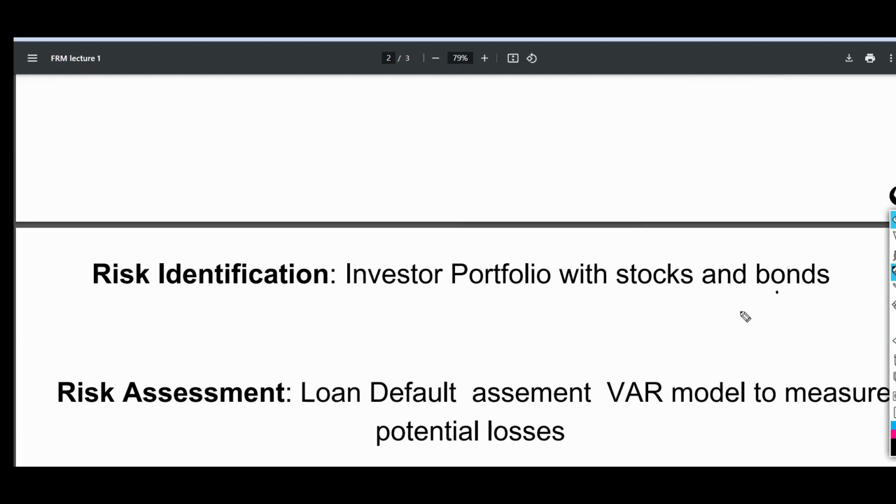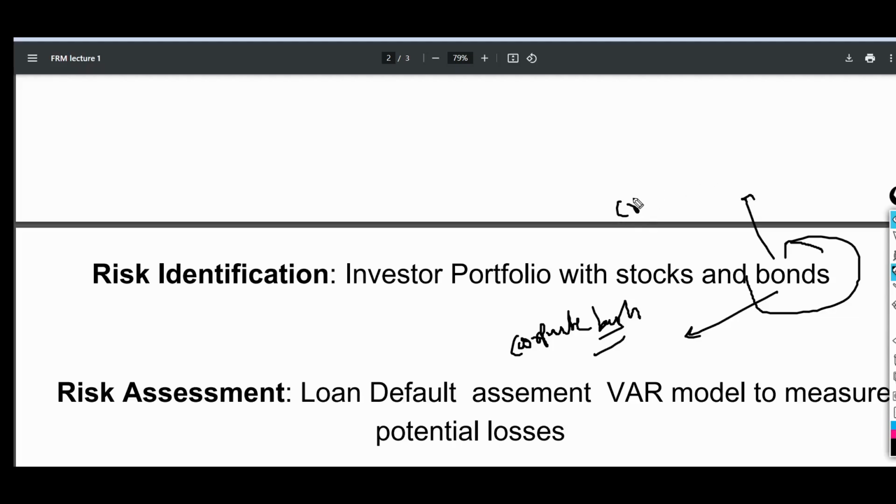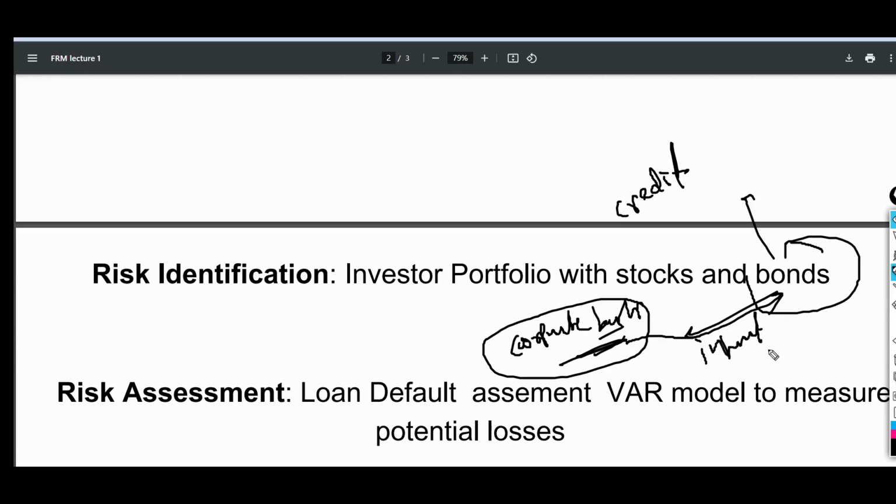Whichever company's bond you have purchased, suppose you have bought a corporate bond from an organization, the bond will have associated credit risk, because the company may default in providing you the interest of the bond, which we call the coupon.